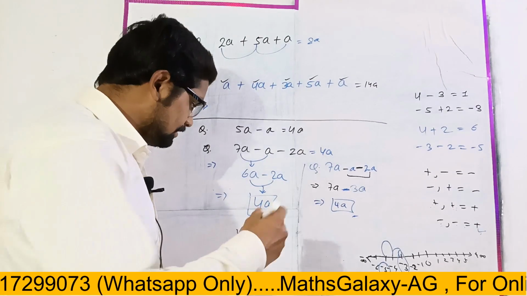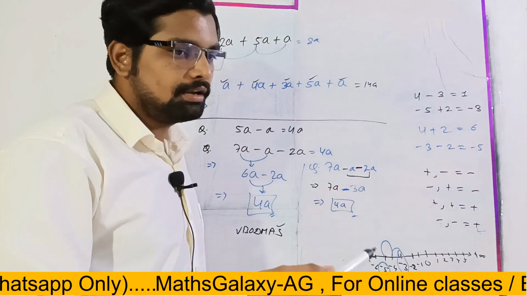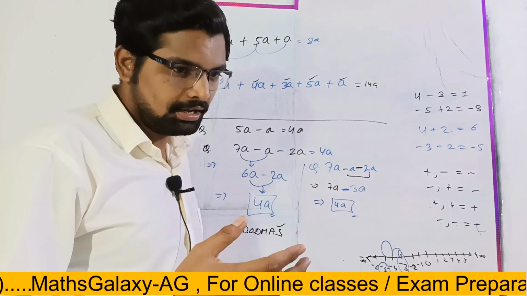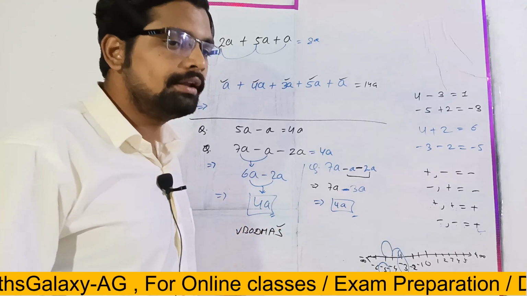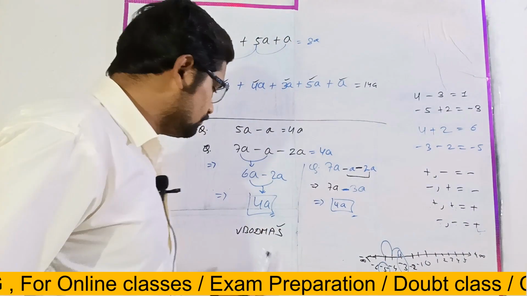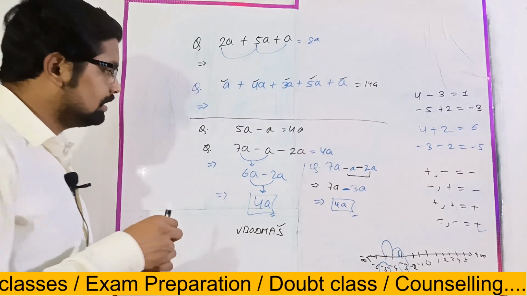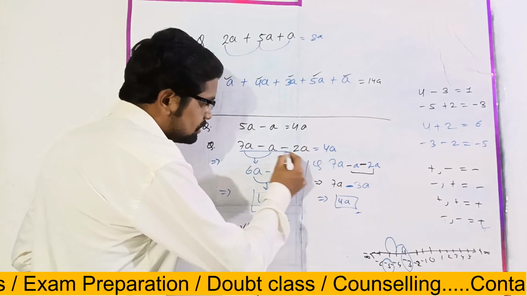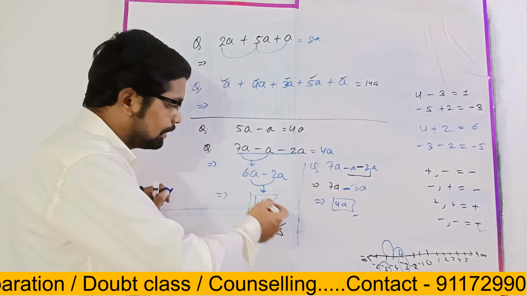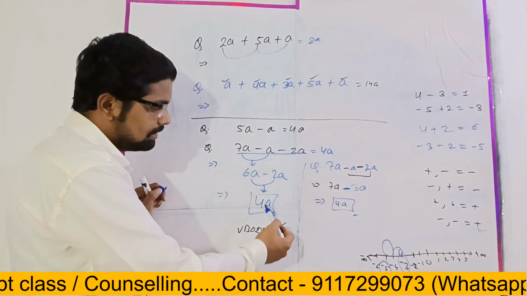Yes, this rule generally we apply in those expressions where we will see more than one operation. In that expression, to solve it, we have to apply the BODMAS rule. So when you solve this expression in basic class, you can solve like this: 7a minus a, 6a minus 2a, 4a.